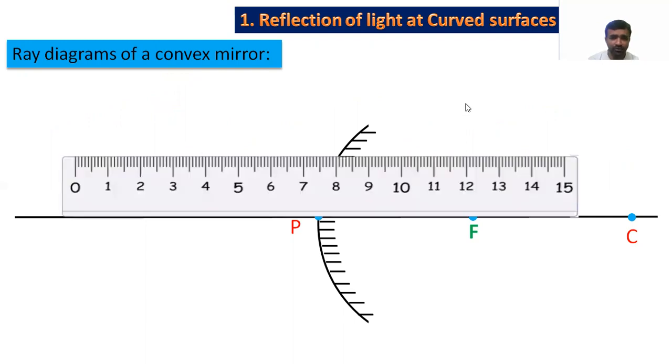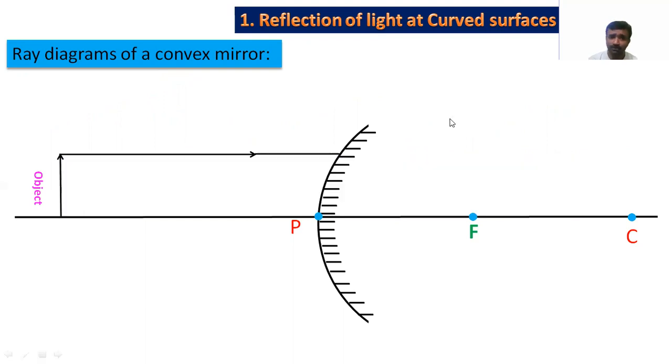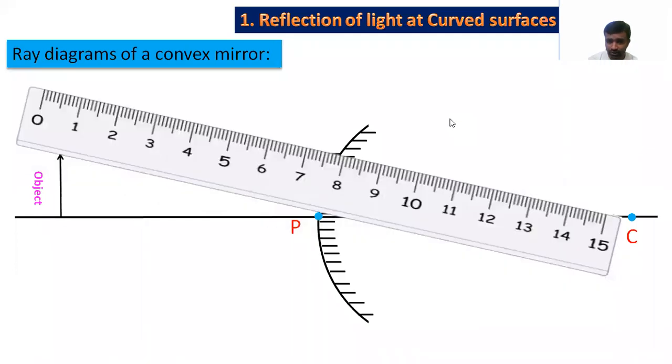Showing the object above the principal axis, construct the parallel ray from the top of the object to meet the convex mirror. Then from the same point we choose one more ray. For this, join the top of the object and the point of incidence, cutting the normal first.